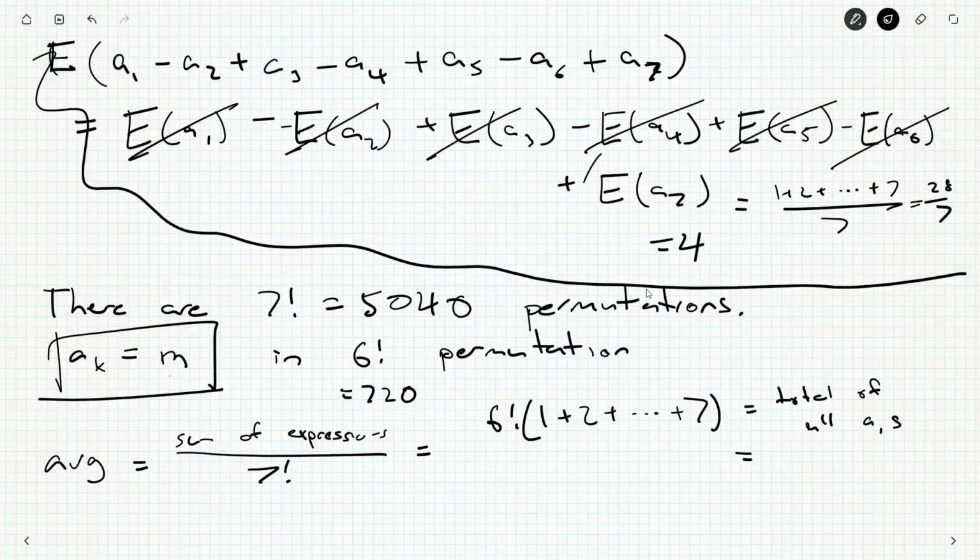But it's also the total of all the AKs, period, for each AK. Some of the AKs are added, some of them are not. So when I do this sum, it will be 6 factorial, and we'll do a big sum, 1 plus 2 plus 3, all the way up to plus 7.